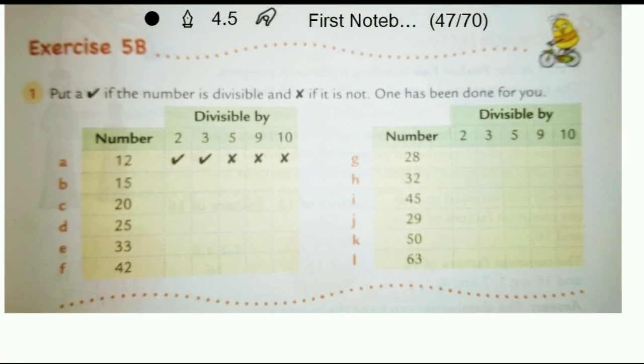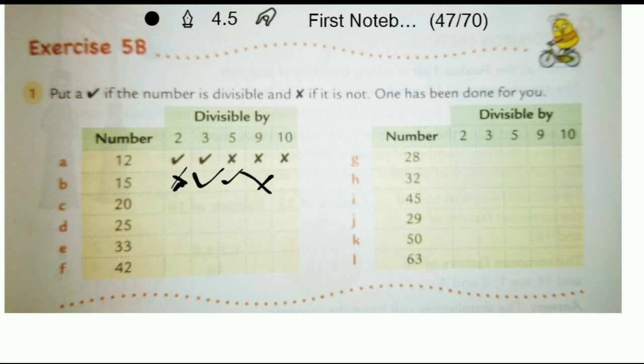Now in this one, put a tick if the number is divisible and a cross if the number is not. One has been done for you. Divisible by 2, 3, 5, 9 and 10. See, 15. 15 can go by 2 table? No. 15 can go by 3? Yes. 15 can go by 5? Yes. 15 can go by 9?